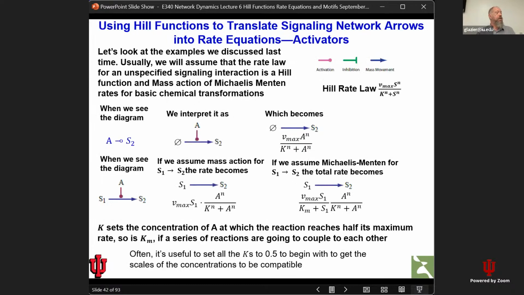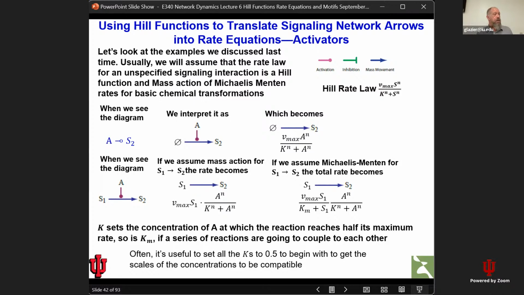So the first thing that we had talked about, and we'd gone over this briefly before, and I'm going to show the signaling network one quickly, and then we're going to come back and do the gene regulatory network one in a little bit more detail, is how we interpret arrow diagrams.